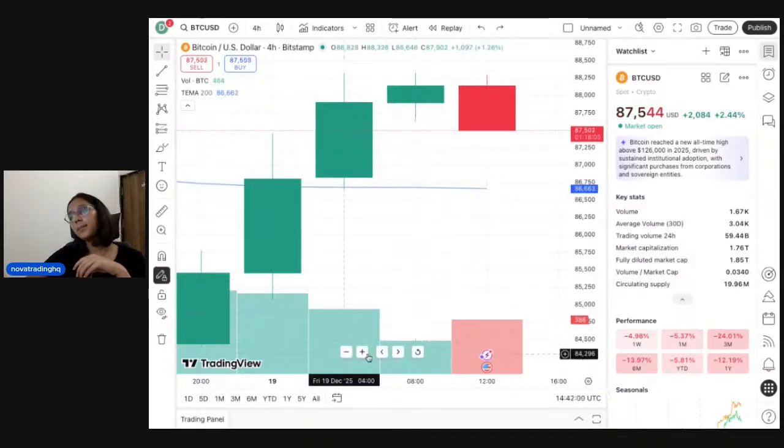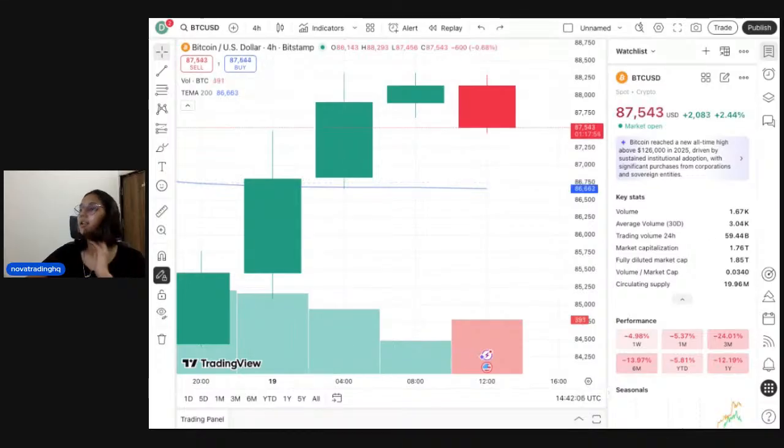Okay, during the time period of 4 a.m. in the morning, as you can see, it opens. See the next 4 hour candles open near the prior close.